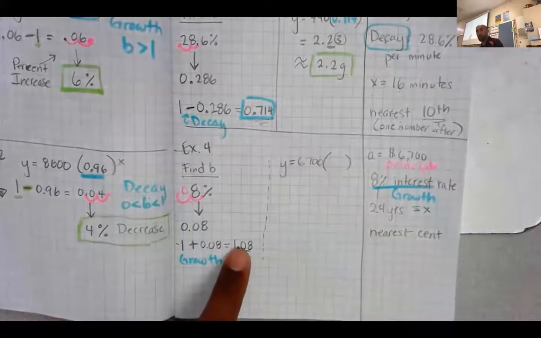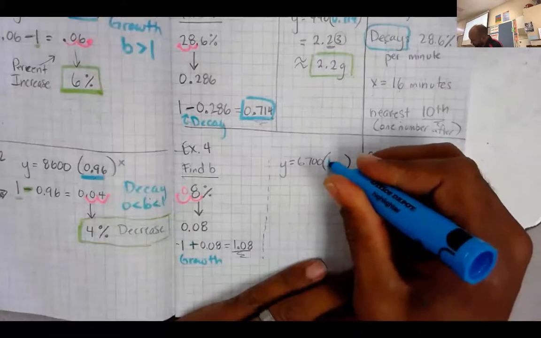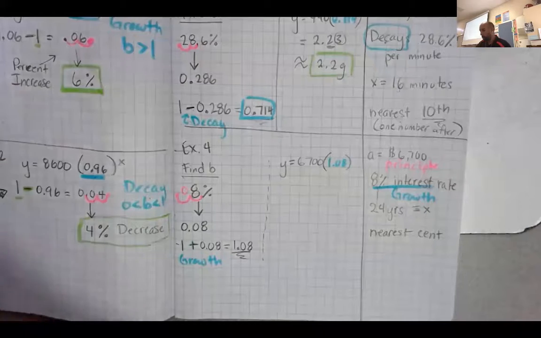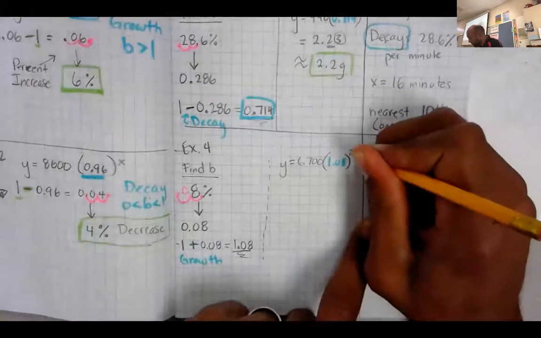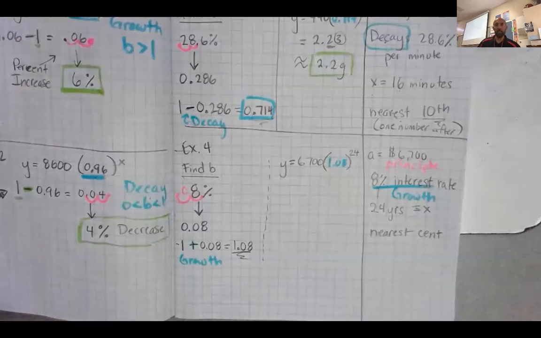And then we plug in our B, 1.08. And then we plug in our X, which is the 24 years. All right. And then we're going to need to plug that in and round it.